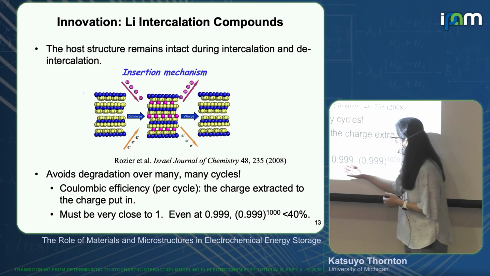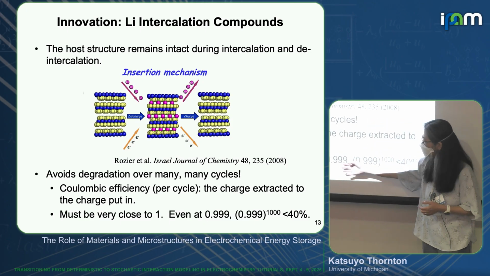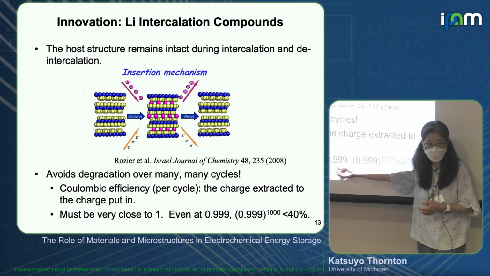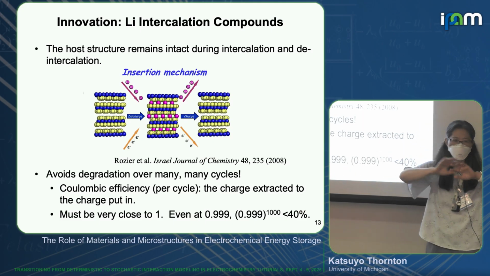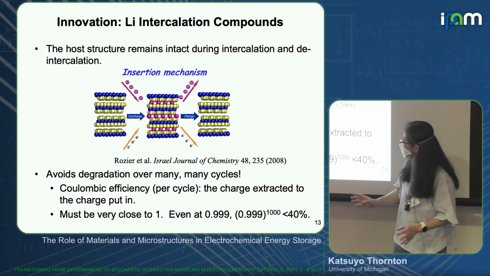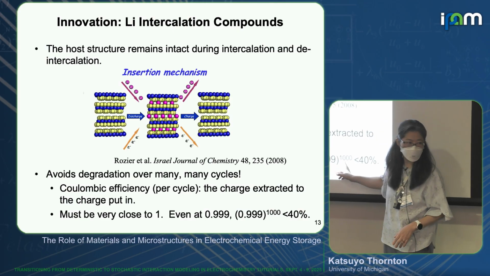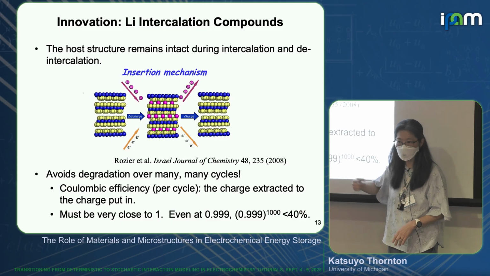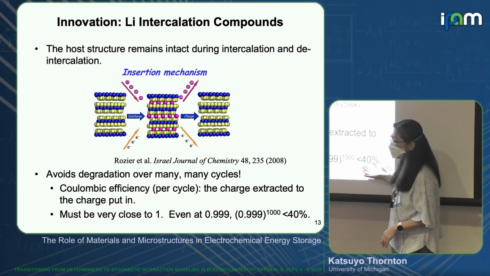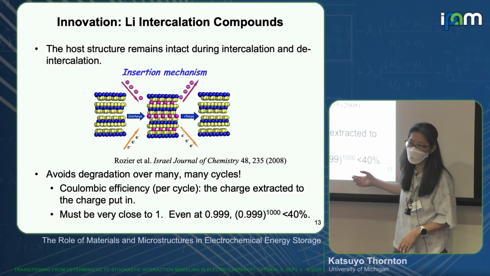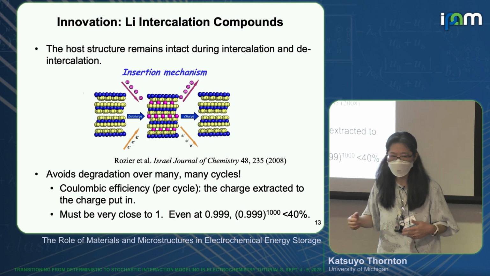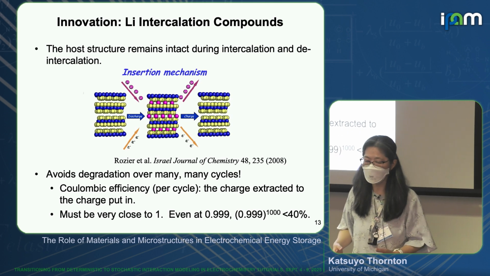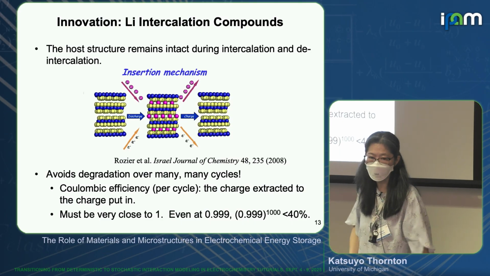And even an efficiency of 0.999, which sounds amazing, right? If you do 1,000 cycles and you get the loss every single time, you're going to get less than 40%. That's why your good batteries go bad after a couple of years, because you charge and discharge.